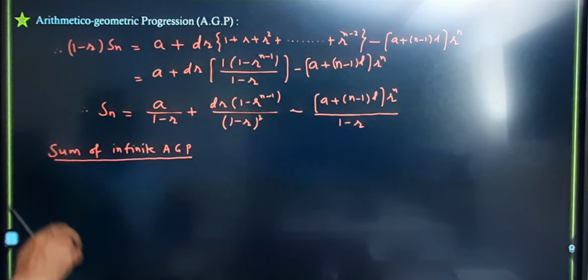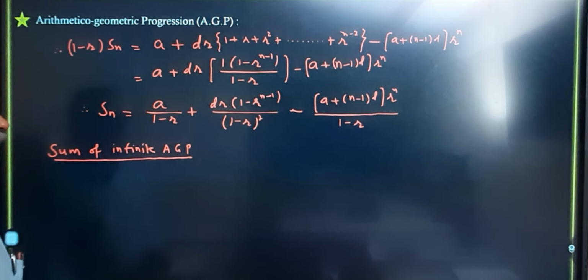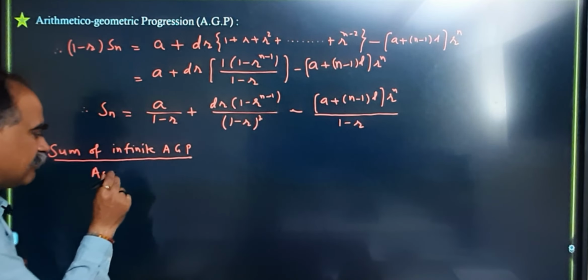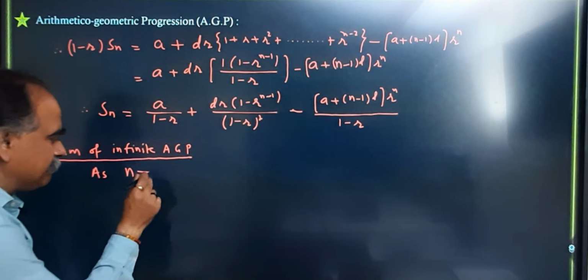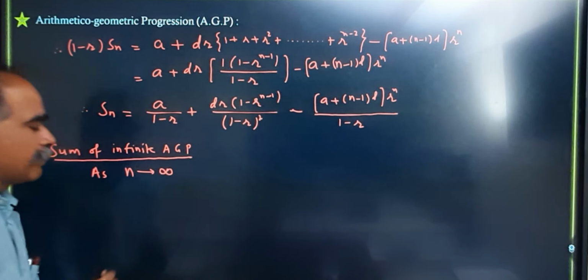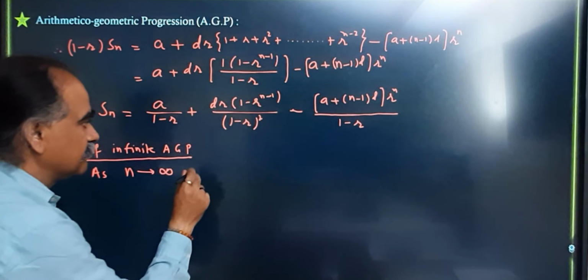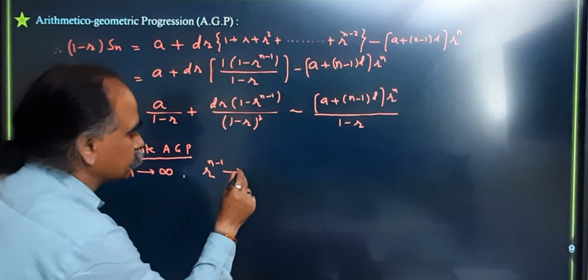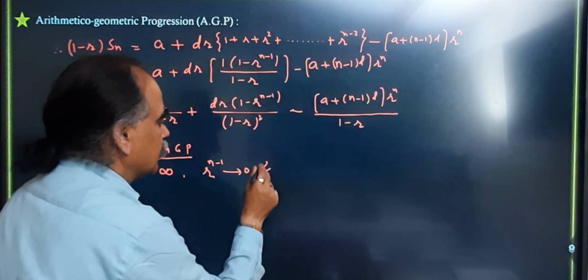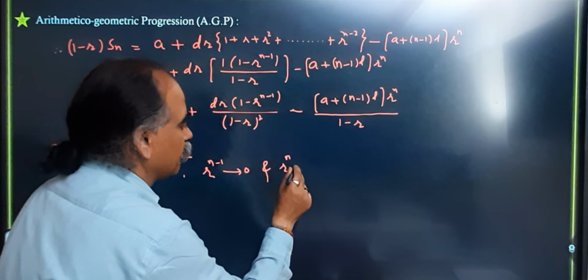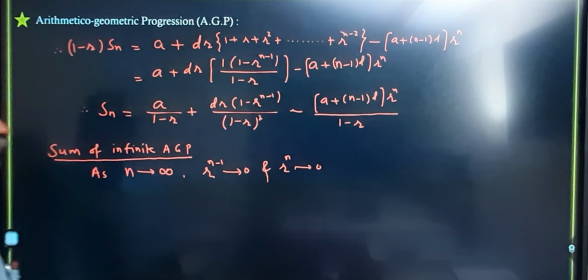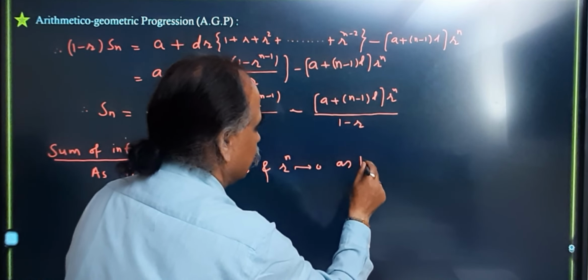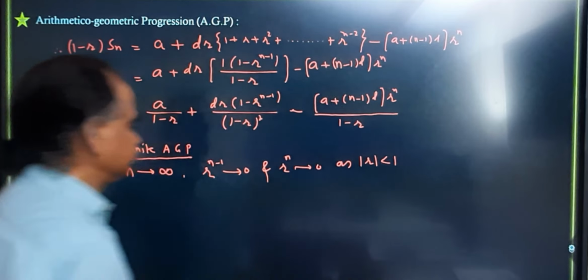Whenever the number of terms is till infinity, as n is approaching infinity, in that case R raised to n minus 1 will approach 0 and R raised to n will also approach 0, because common ratio is less than 1, as modulus R is less than 1.